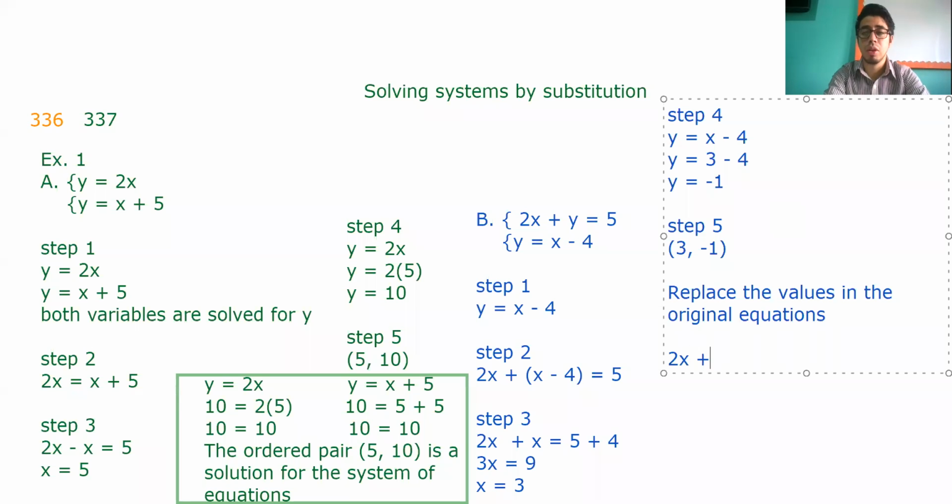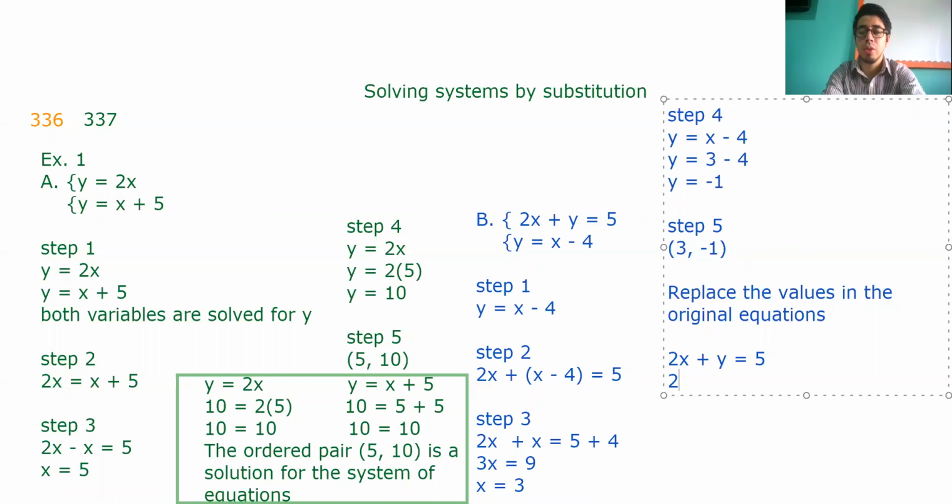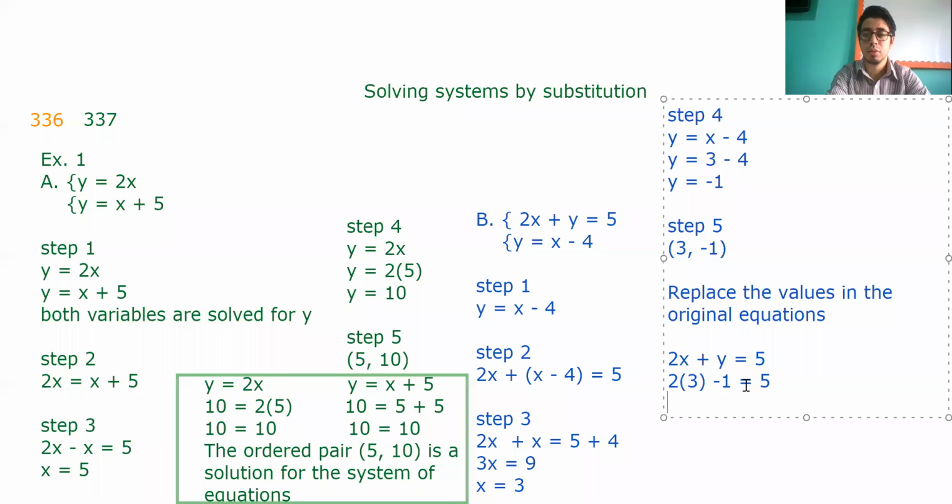In 2x plus y equal 5, we have 2 times 3 plus -1, right? We have -1 for y. So the plus and minus combine. This is going to be equal 5. And we know that it's true, right? Because 6 minus 1 is going to be 5.